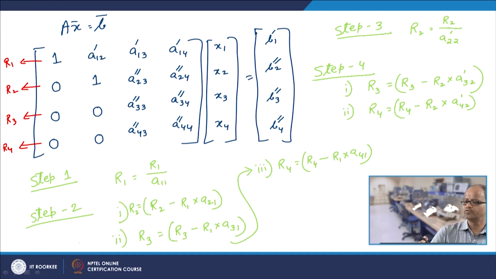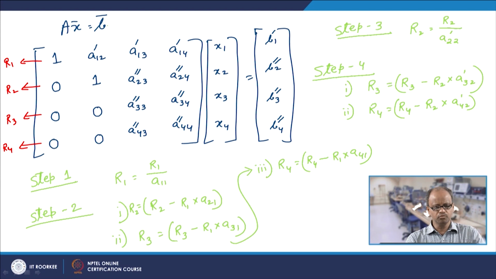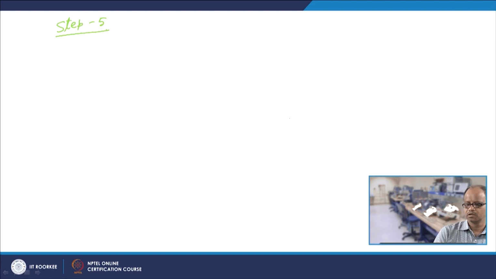In step 5, what we do is work with this and simply divide this entire row by A33 double dash. So R3 becomes R3 by A33 double dash.